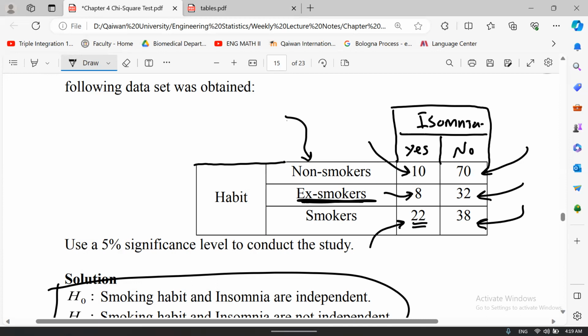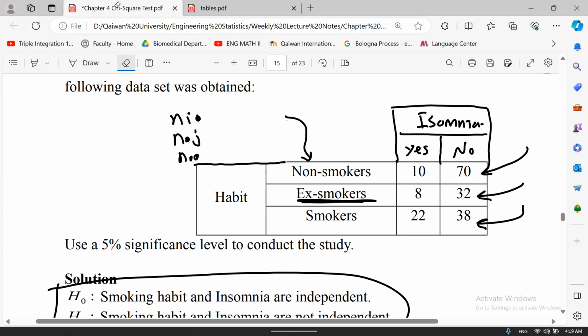Expected frequencies depend on n i dot, n dot j, and n double dot. They just depend on these three things. We must find them all. Okay? From the given data, it's easy to find them.